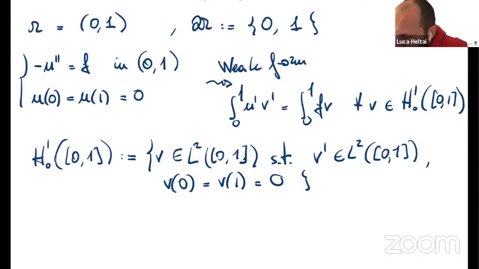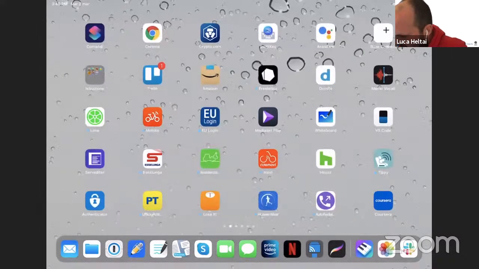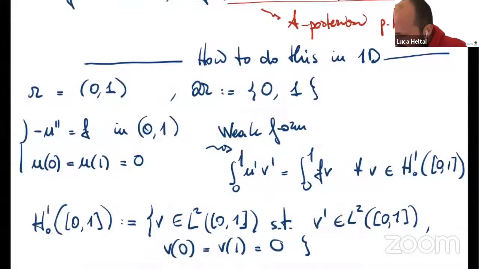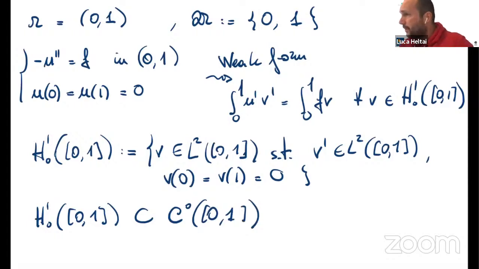In particular, what we know about these functions is that H10 of 0, 1 is included in C0 of 0, 1. This is from the Sobolev embedding theorems.